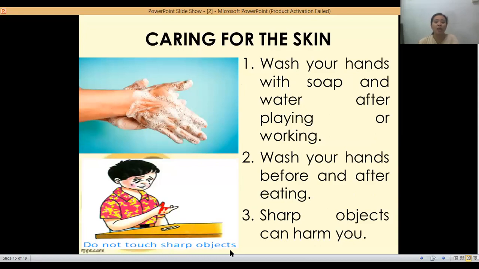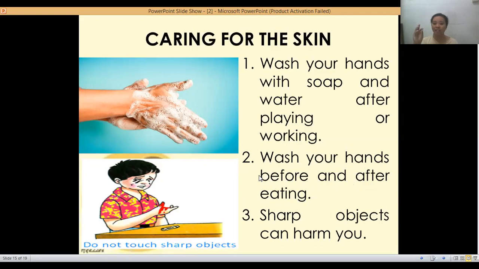Number one, wash your hands with soap and water after playing or working. So you know the proper ways of washing, right? Next, number two, wash your hands before and after eating. It's important to wash your hands before and after eating because it will prevent the spread or transfer of germs from your hands to your food and into your body.